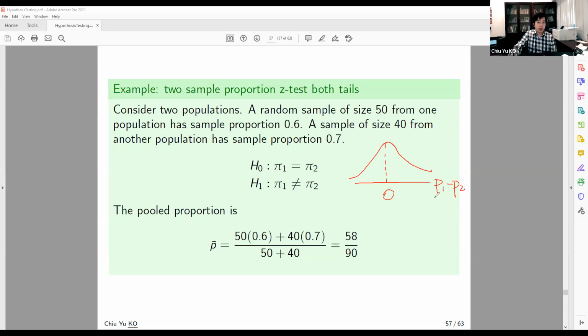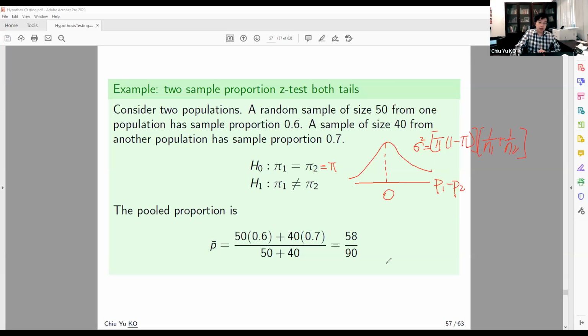The variance we actually know: we say they are the same proportion, equal to some number, let's call it pi, so the variance would be pi(1 minus pi) over n, depending on how many samples you draw. Suppose you draw n1 and n2, so it will be pi(1 minus pi) times 1 over n1 plus 1 over n2.